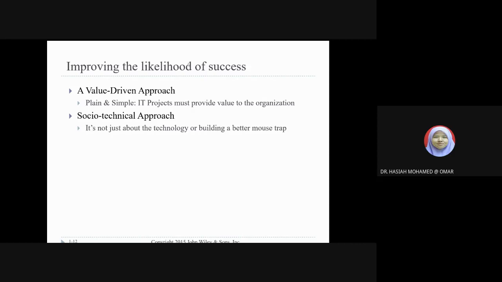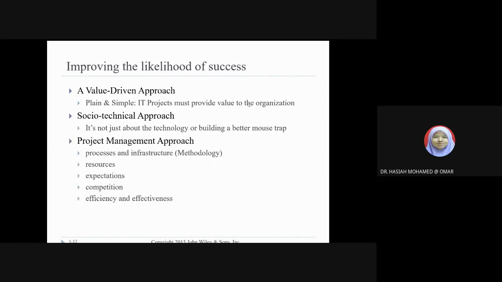Okay, the social technical approach, we need to, it's not about the technology or building saja. We talk about everything sebenarnya. Okay, so the project management approach, we look at the methodology, the resources, the expectation, the competition, okay, and the knowledge management approach.